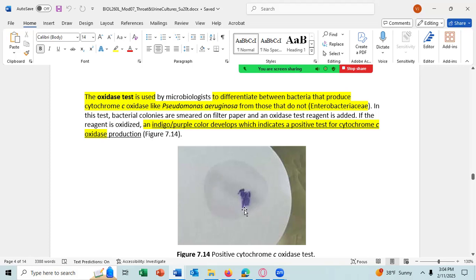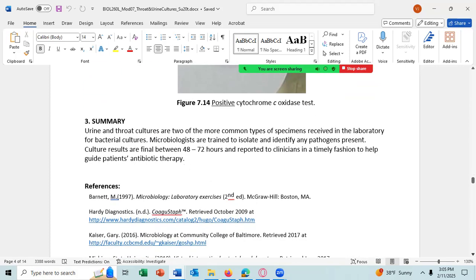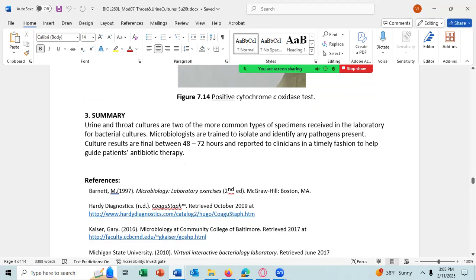If it doesn't happen within 30 seconds, it's oxidase negative. All right, any questions about the tests we use for looking at bacteria that have grown on blood agar or EMB or McConkey's for a urinary tract infection culture?